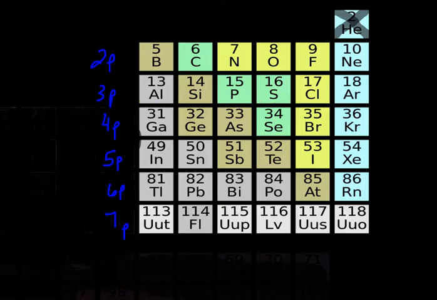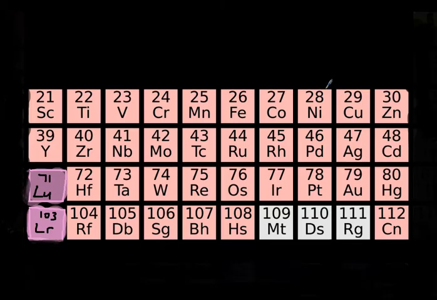The D block. So here's where things get a little weird and you kind of have to remember some extra stuff. The D block starts with 3. So this is 3d, 4d, 5d, and 6d.